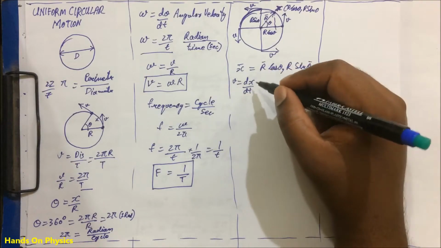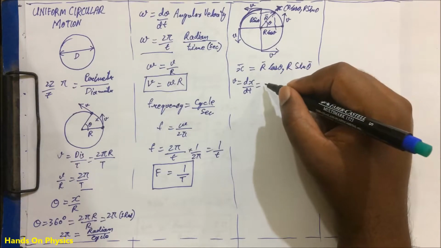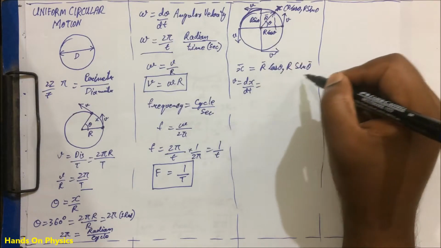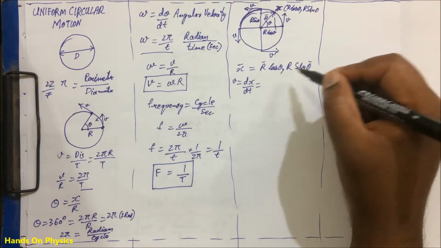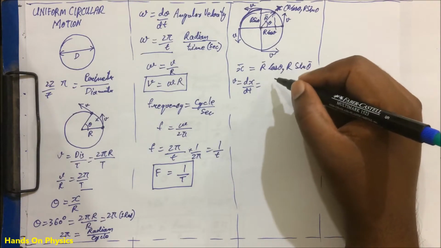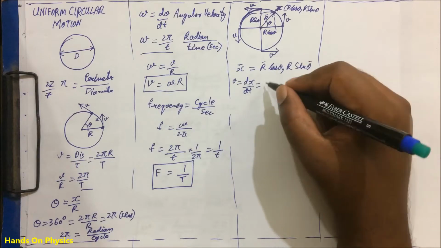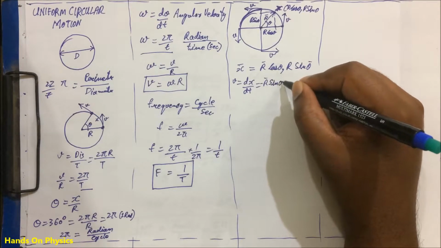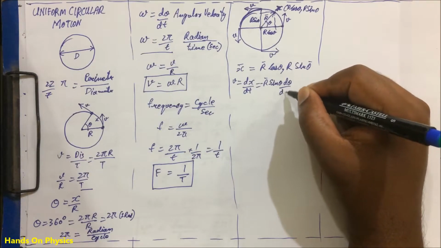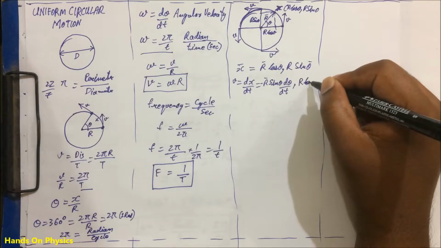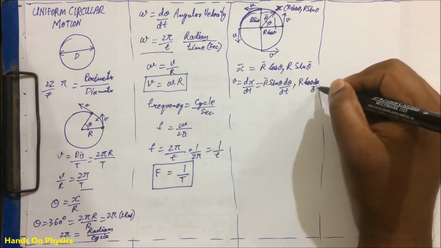The rate of change of position is velocity, so I have to differentiate this equation with respect to t, but there is no t here, so I need to differentiate with respect to theta and write minus r sin theta d theta by dt, comma, r cos theta d theta by dt.